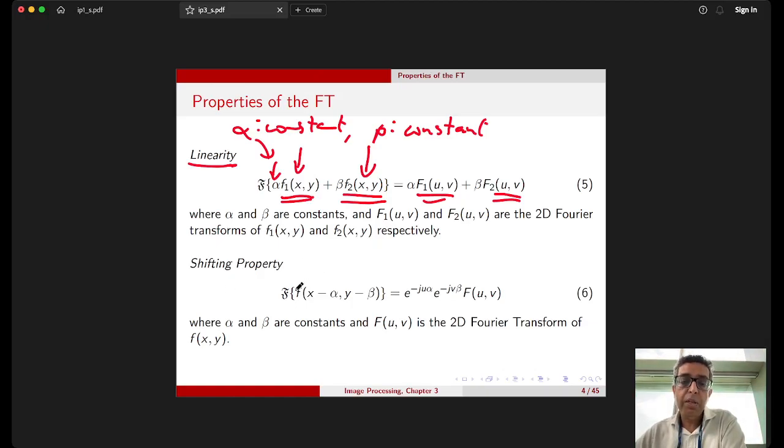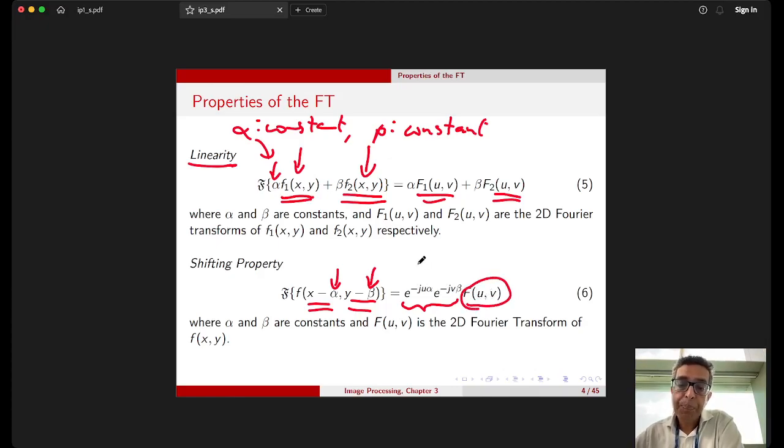And if we translate in the spatial domain in x and y by an amount alpha and beta respectively, so here we're taking an image and shifting it around in space, that shift gets localized into what are called the phase terms. It becomes a complex valued multiplier of the Fourier transform of the unshifted signal.